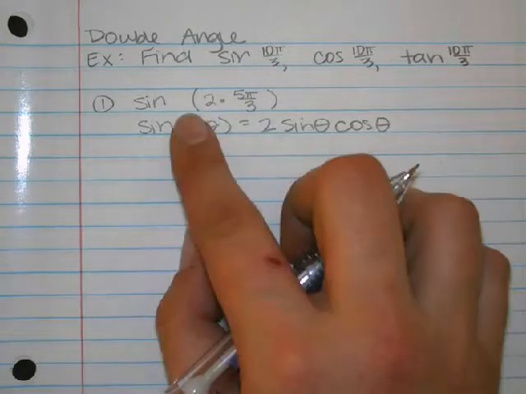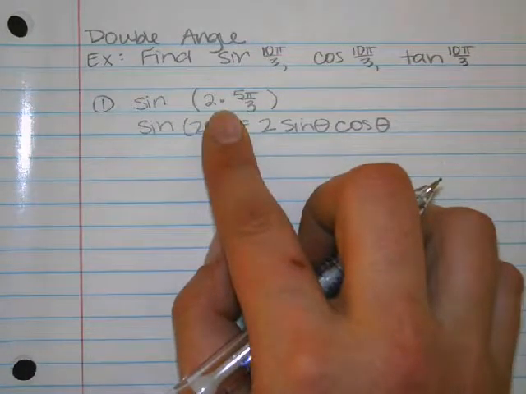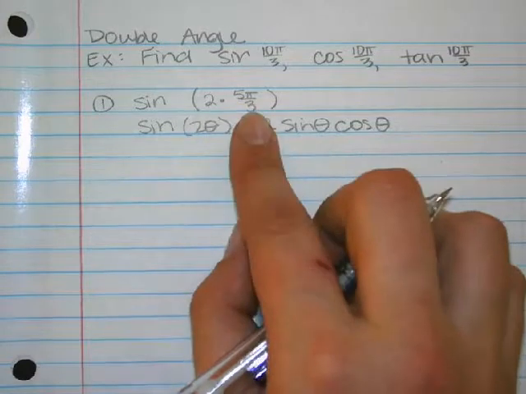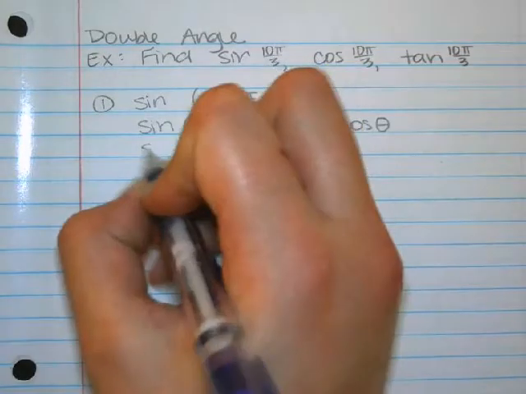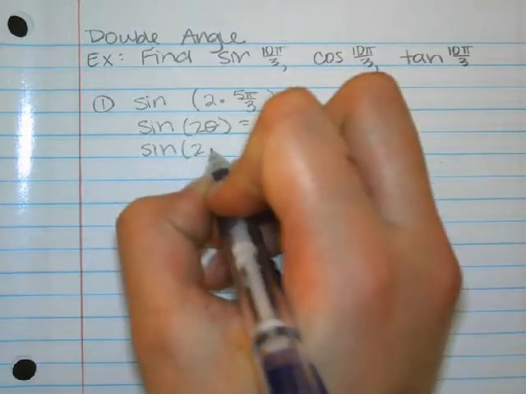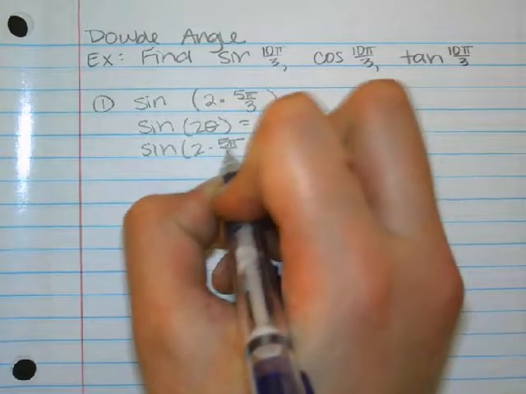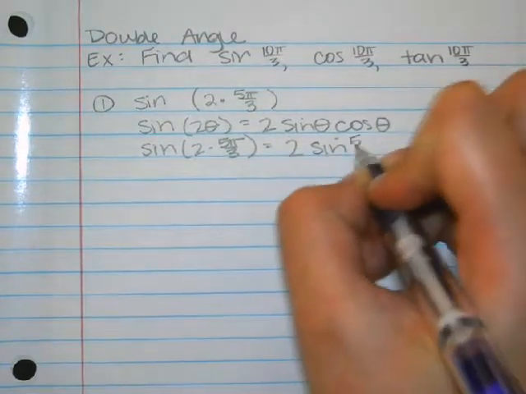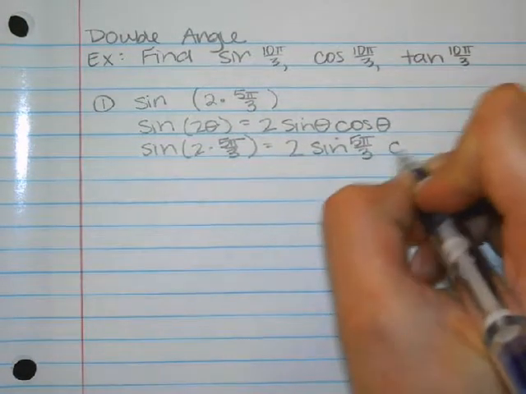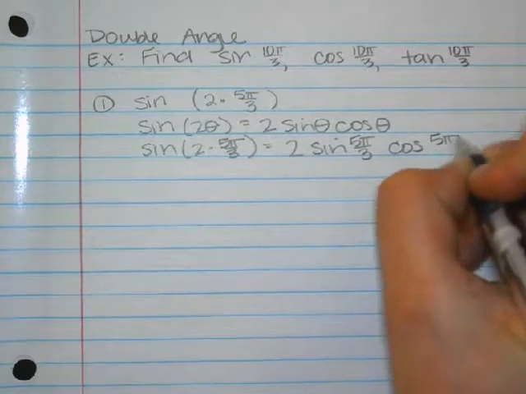All right. So to find sine of 10 pi thirds, we're going to do 2 times 5 pi thirds. Okay? So that means that sine of 2 times 5 pi thirds is 2 times sine of 5 pi thirds times cos of 5 pi thirds.